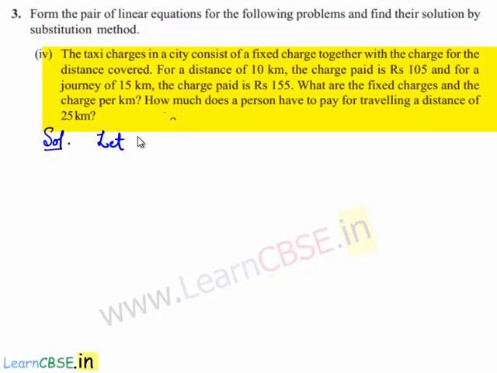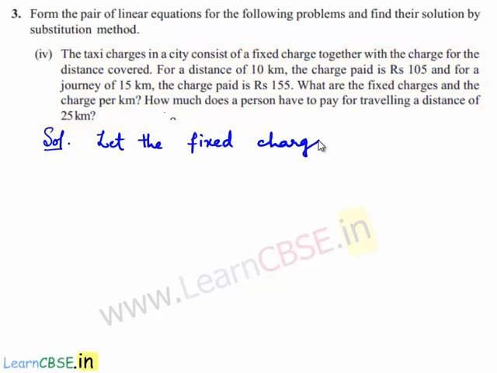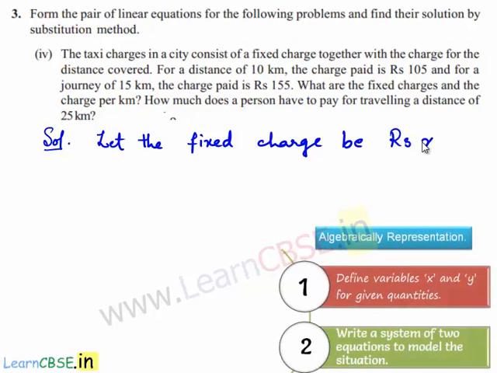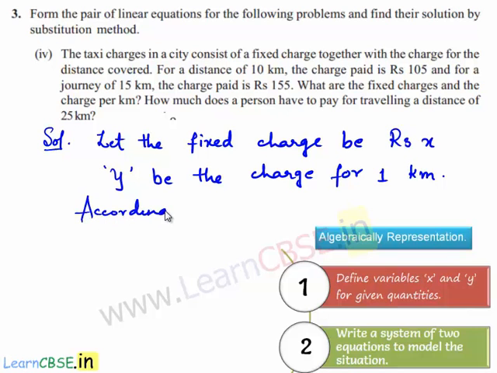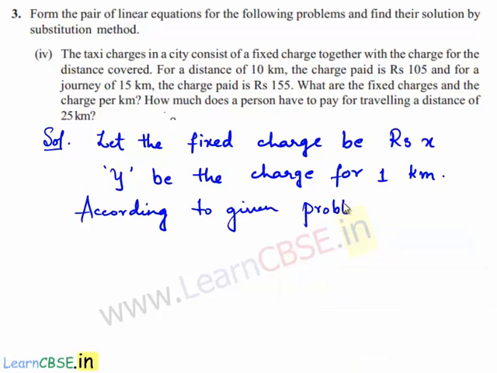Let the fixed charge be rupees X and Y be the charge for 1 kilometer. So according to the given problem, we can write the linear equations as, fixed charge is X plus charge for 1 kilometer is Y. Here we have 10 kilometers.